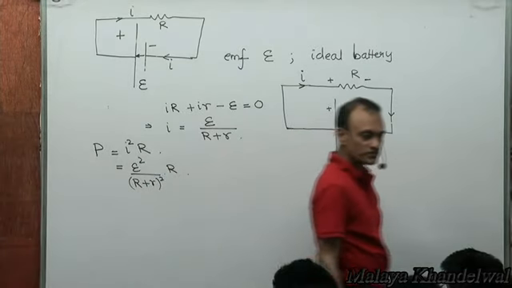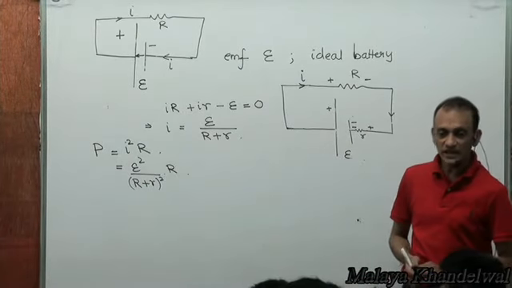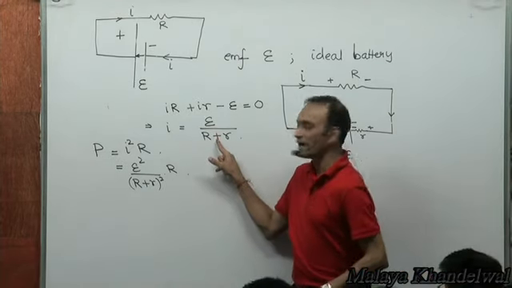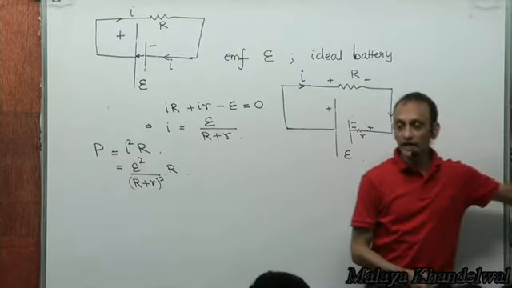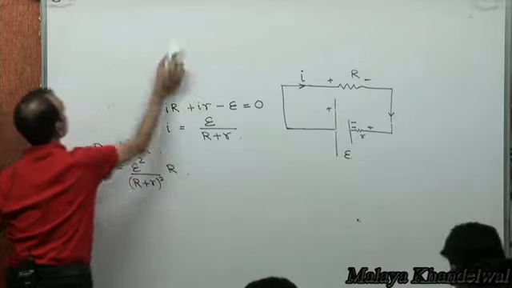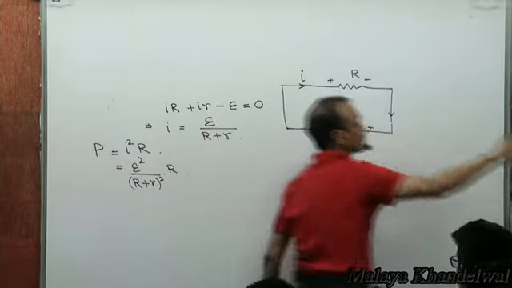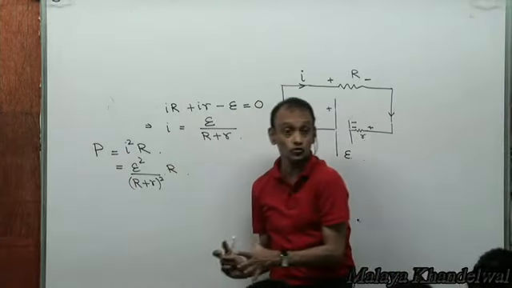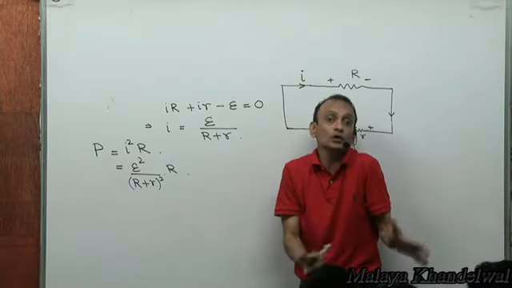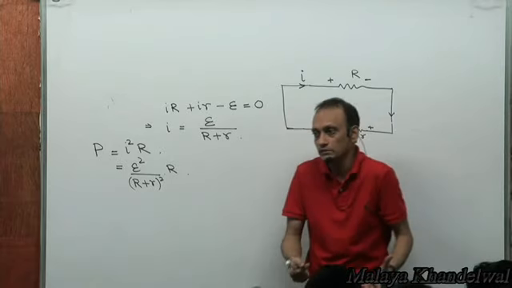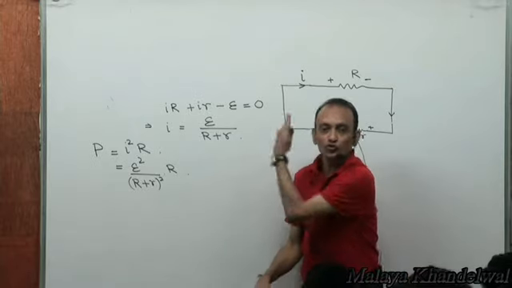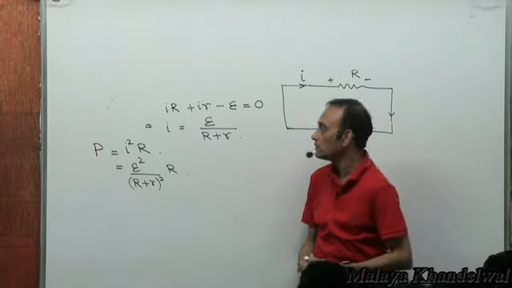That's the power associated with the load, with I written as epsilon by R plus small r. Clear? So these many watts are dissipated across the load. This is the energy dissipated or available when current flows through the resistance R, no matter where you want to use that.